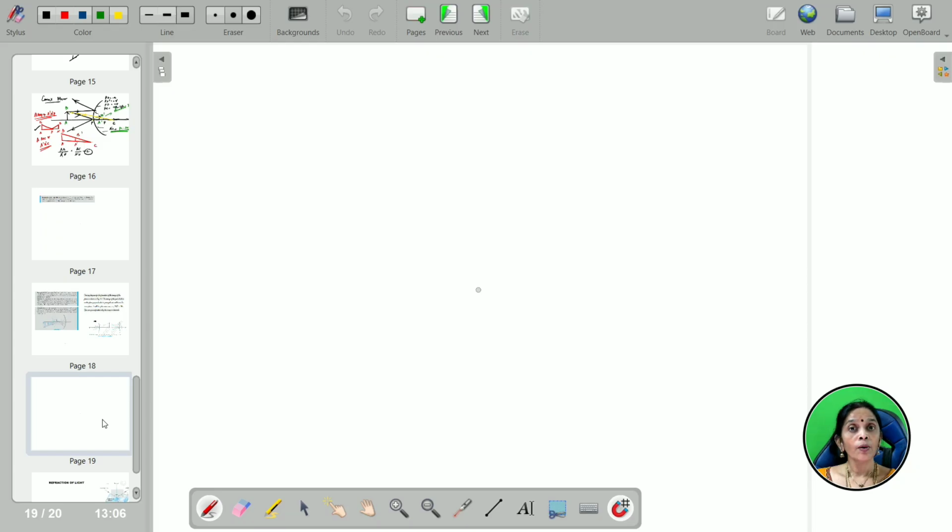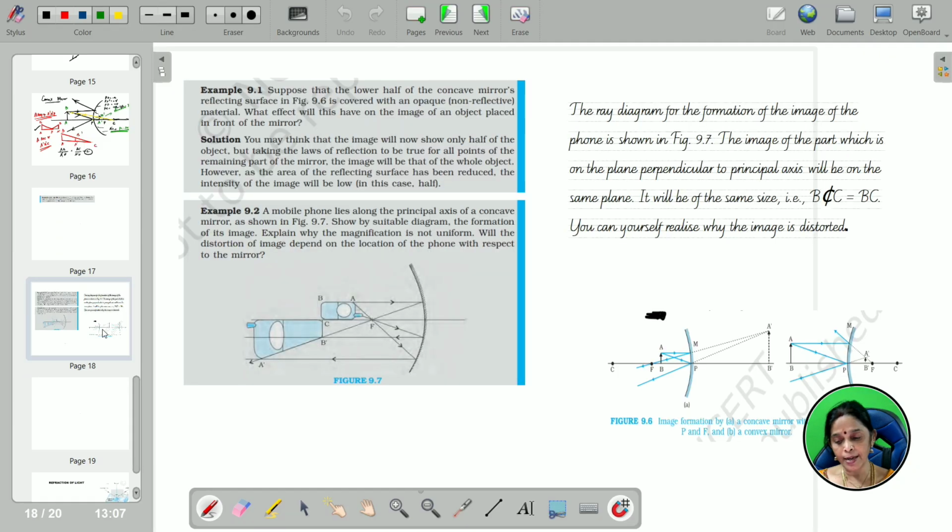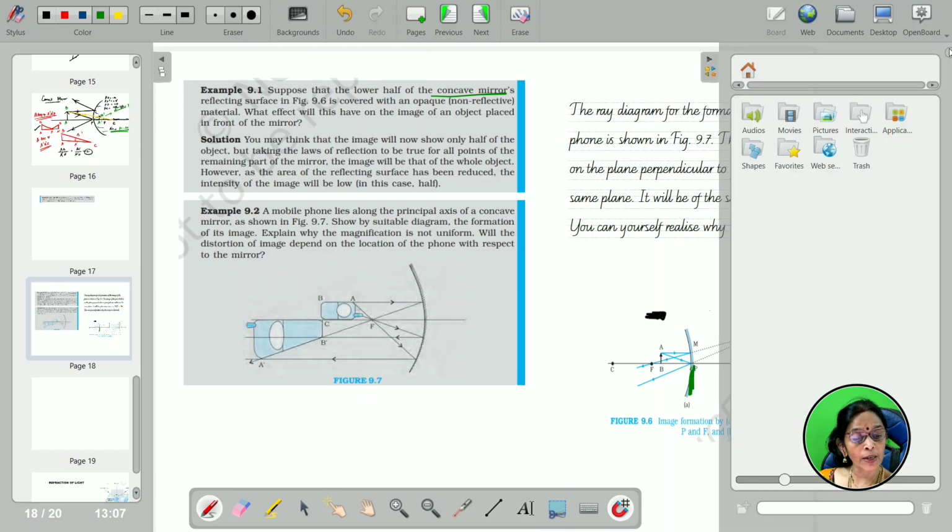Now, as a sample, suppose the lower half of the concave mirror is covered with an opaque, non-reflecting material.